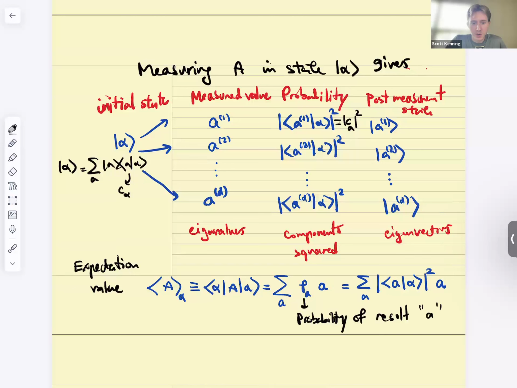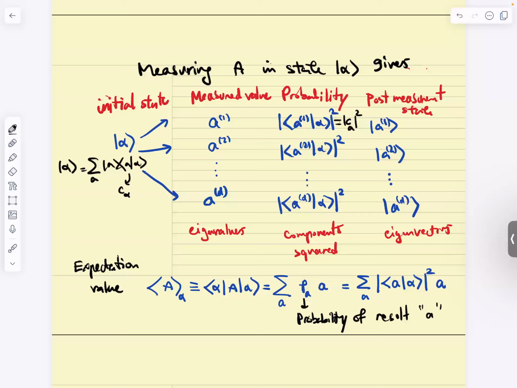So in general, this expectation value will not be one of the discrete values, like in the Stern-Gerlach experiment, h bar over 2 or negative h bar over 2. It would be 0 in that case. In general, it would not necessarily be discrete. If you have a continuous observable, it could be continuous, as we saw in the double slit experiment.